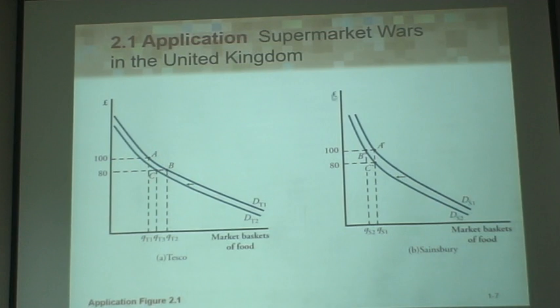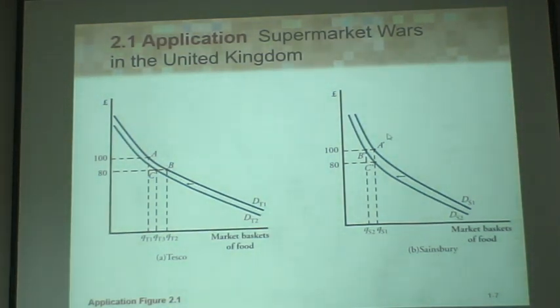Because here is the price at Sainsbury, here is the quantity at Sainsbury, and here is the price change at Tesco. So here it is a change in demand. Because Tesco lowers the price, the demand for Sainsbury goes down.